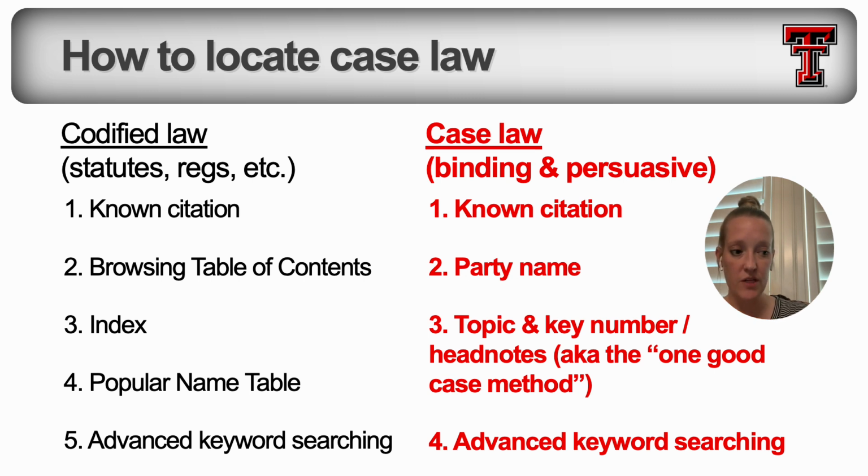So you've got a broad area of law and you can use that broader key number to locate broader issues, but you can also go much narrower and find a key number that is specific to a very specific sub-issue within that overall topic and use that key number to get to other relevant cases that are specific to that same issue.